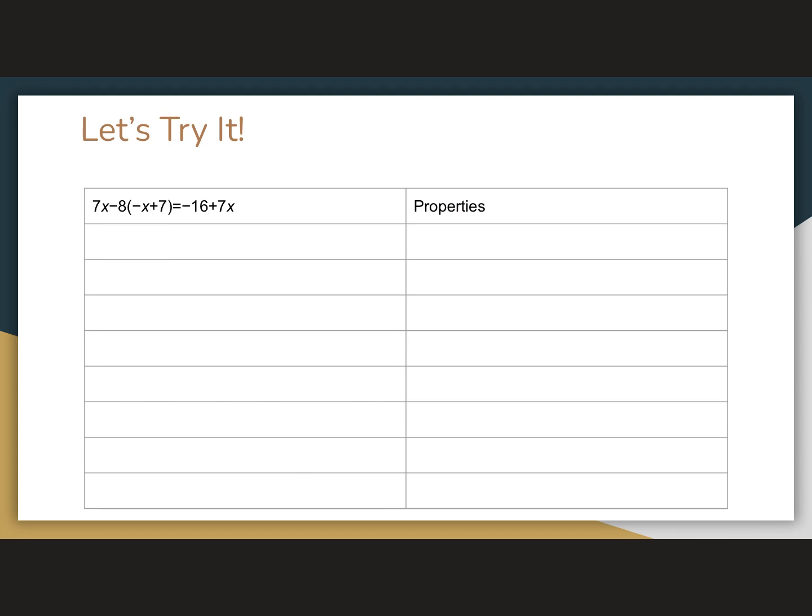Okay, so let's start here. Again, we're still using our distributive property. And I notice that I do have things to distribute. If I come up here, I can see I have a negative 8 times negative x plus 7. So let's go ahead and distribute. I have 7x.